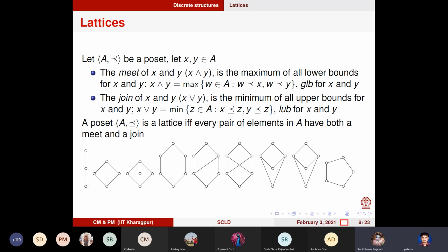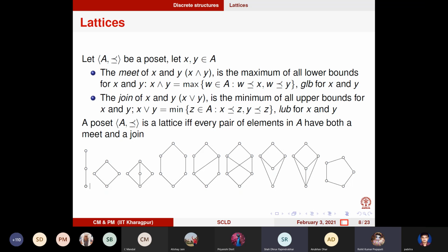Sir, it has two joins. What is the meet of these two? Maximum means it has two maximums. No, you take that point itself. You are talking about the vertical segment, the chain. It could be that point also.